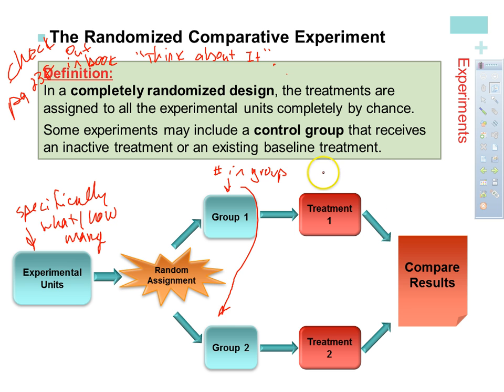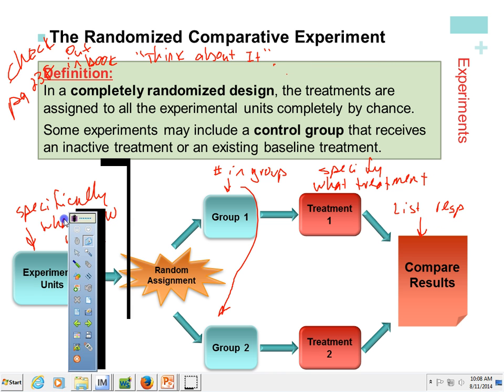And here you'd want to talk about, again, specify what the treatment is that this group is getting. And then last but not least, you want to here list your response. List your response variable. In other words, what are you measuring? Okay.